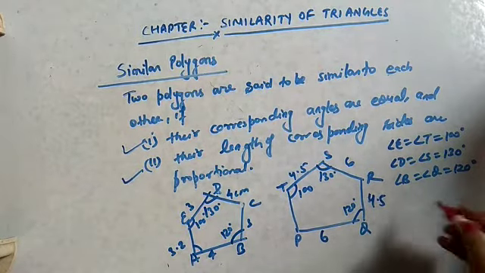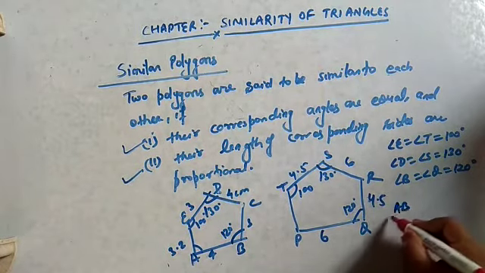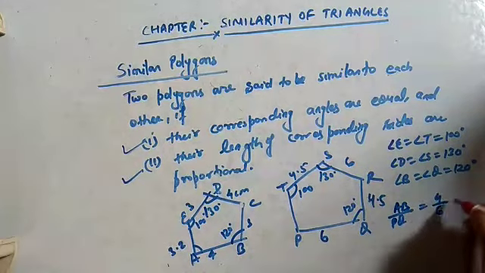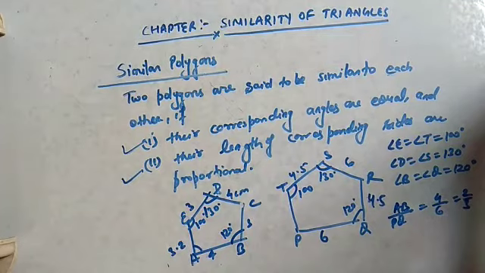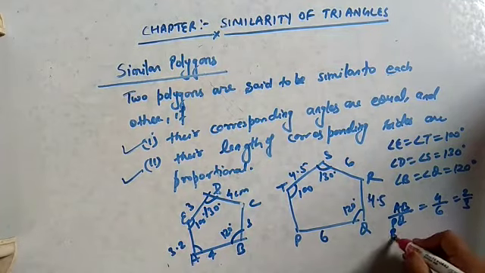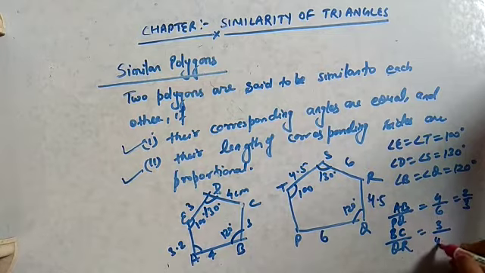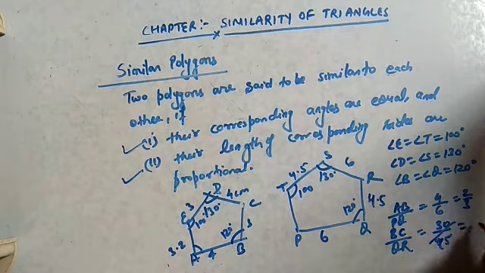So see here, AB by PQ equals 4 by 6, that is 2 by 3. Then if I am taking BC by QR, that is 3 by 4.5, this will also be 2 by 3.